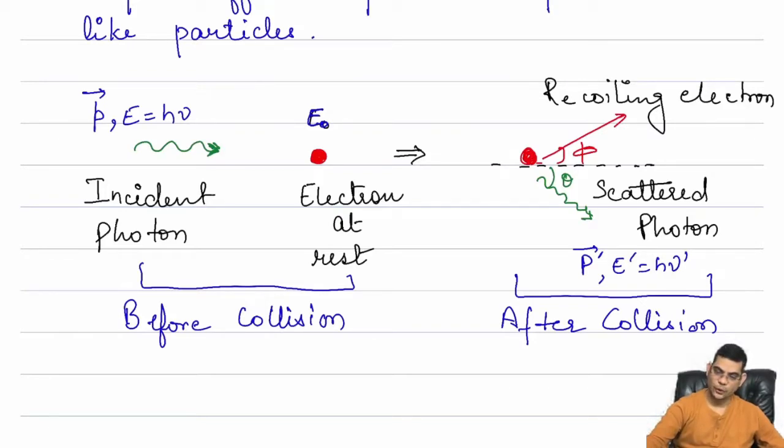And the energy of the recoiling electron is E and its momentum is P.